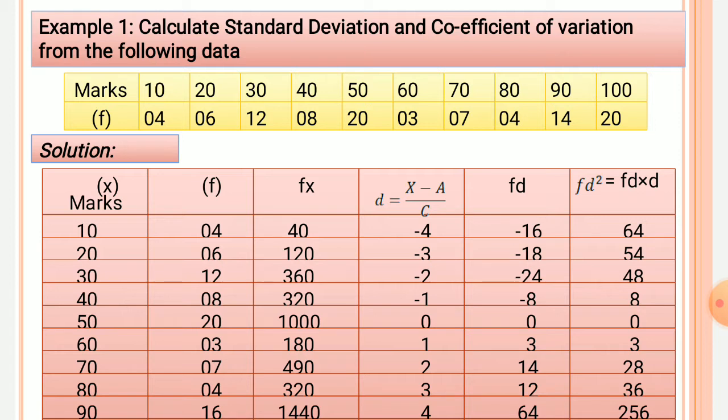Therefore, arithmetic mean is used both. You can use any one of these two methods, arithmetic mean or assumed mean.